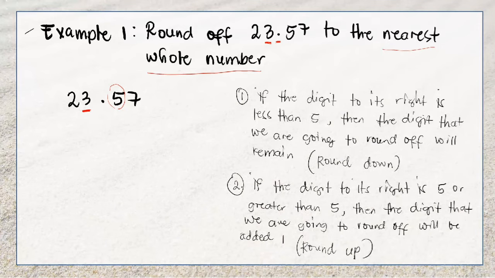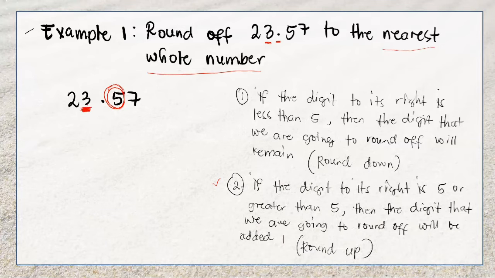Now, let's apply these two cases to example number 1. Kanina, we have identified the digit to its right, which is yung ating 5. So, papasok siya dito sa ating number 2. Since the digit is 5, we are going to add 1 dun sa digit na ira-round off natin, dito po sa ating 3.